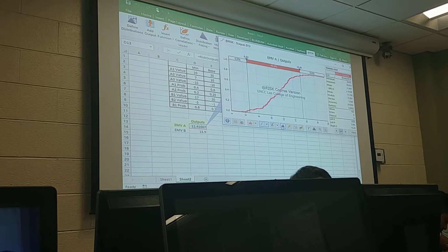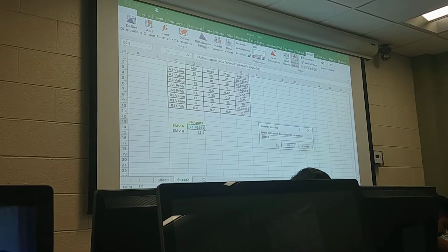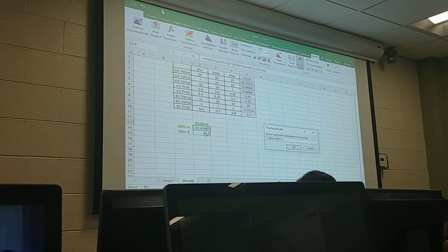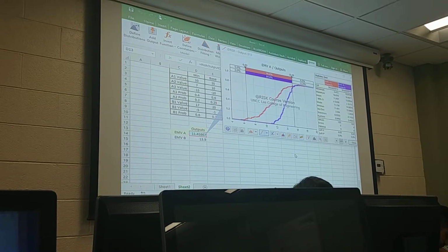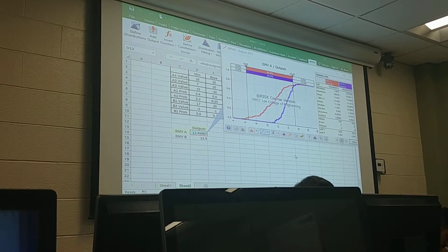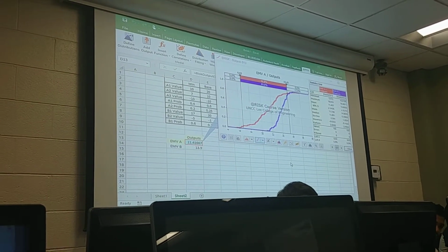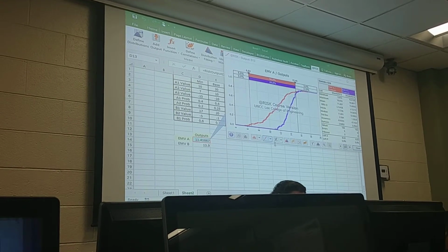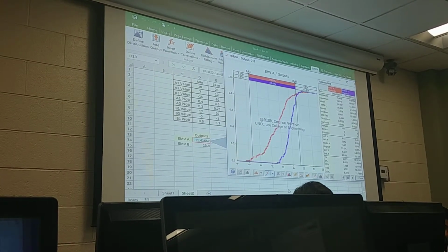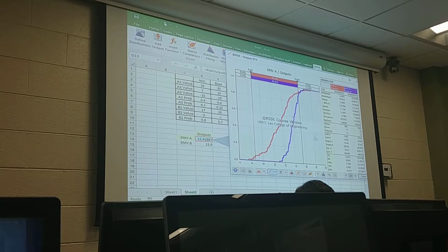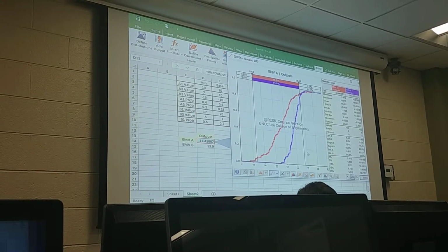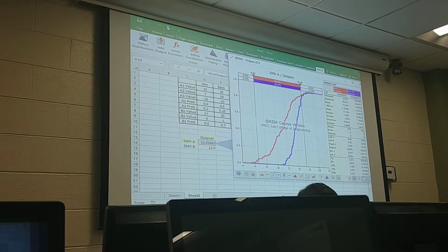So I click on this, and then say I want it for both outputs. This way I have this cumulative probability distribution function for both outputs, and then I can do the interpretation about any dominance relation if there is any between these two.